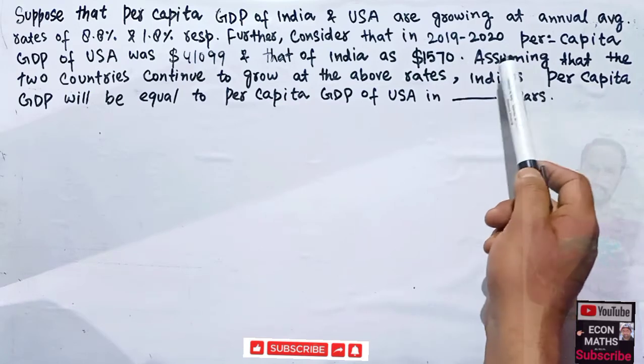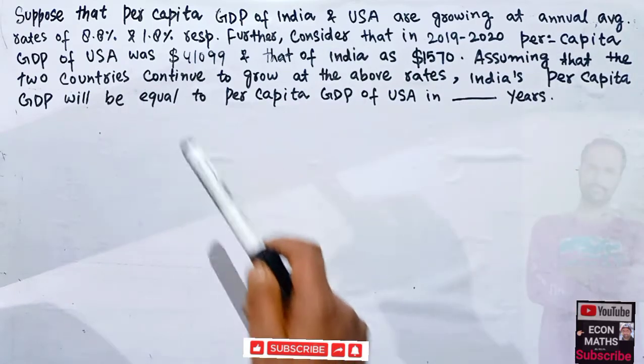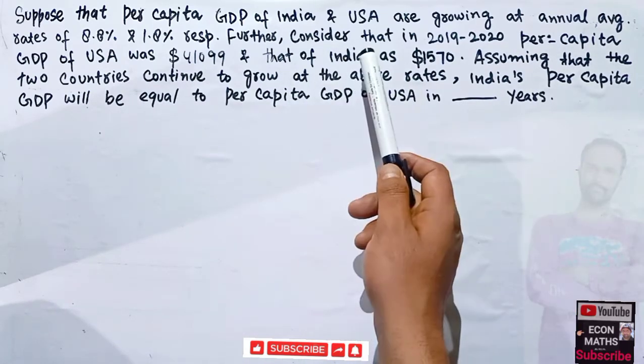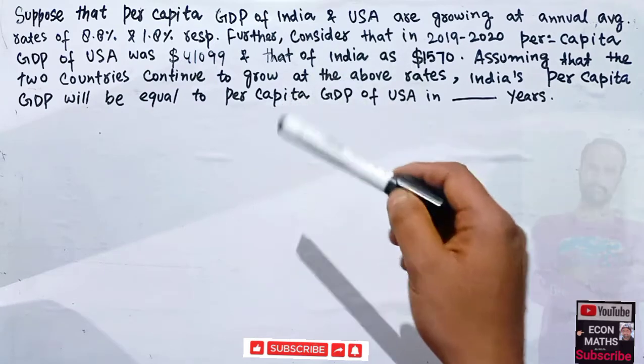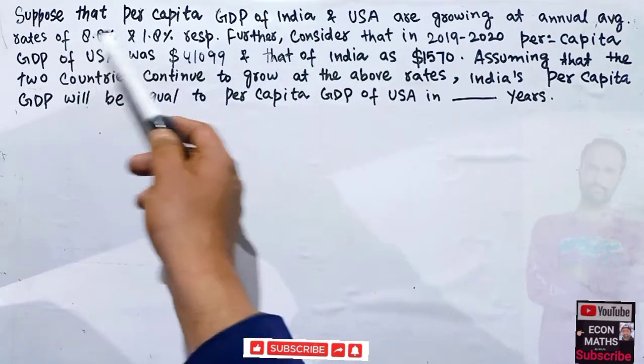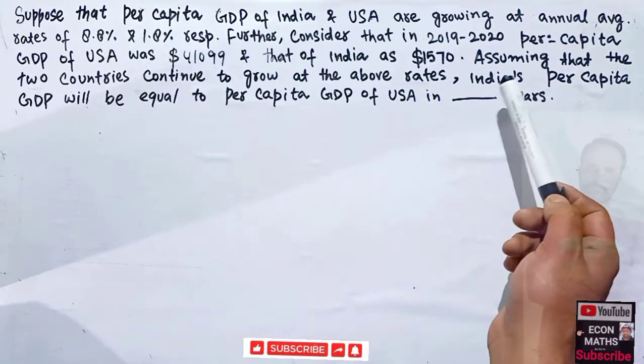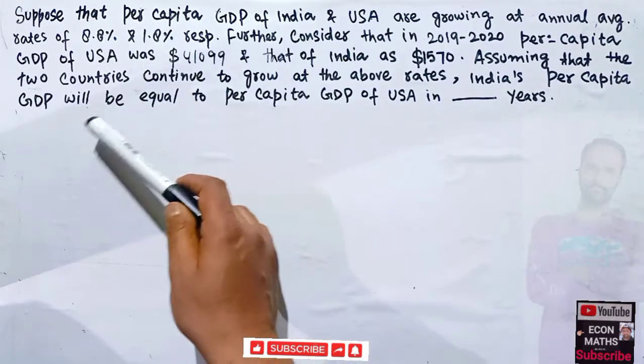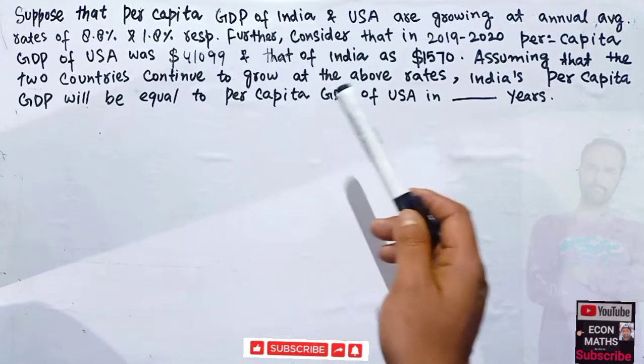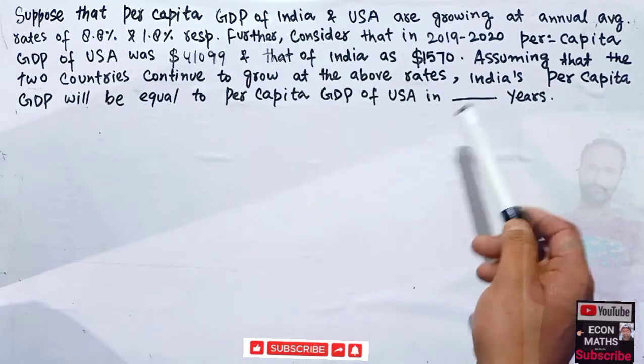Assuming that the two countries continue to grow at the above rates, that is 8.8% and 1.8%, then India's per capita GDP will be equal to per capita GDP of USA in how many years?